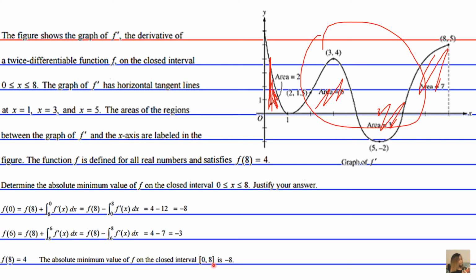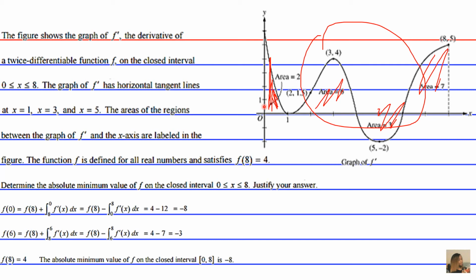Okay, and we're going backwards, so we're subtracting this area rather than adding it. And when we do that, we get a value of negative 3. So although f of 6 is a local minimum, it's not the absolute minimum on this closed interval. So far, f of 0 is our absolute minimum.